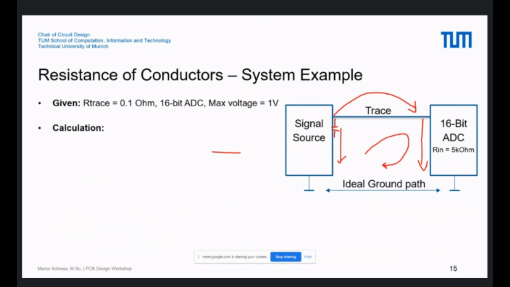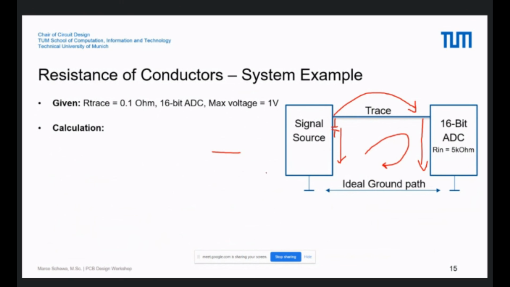Then simulate what happens with the clock signal, the AC signal, and the DC signal, because the input impedance of the system is also very important. If you have a trace, you cannot ignore the input resistance or the input capacitance.